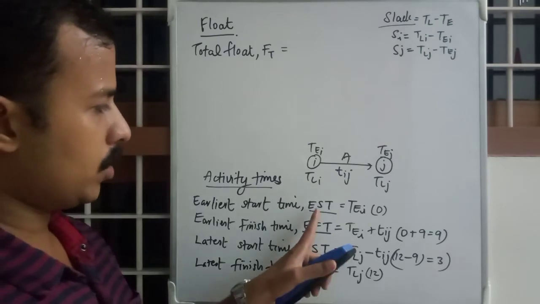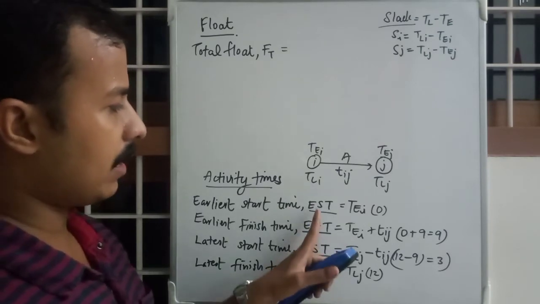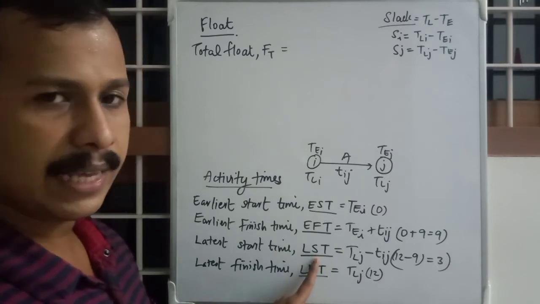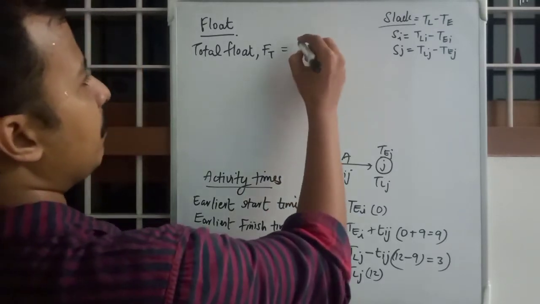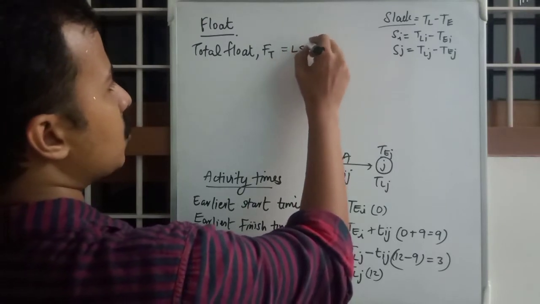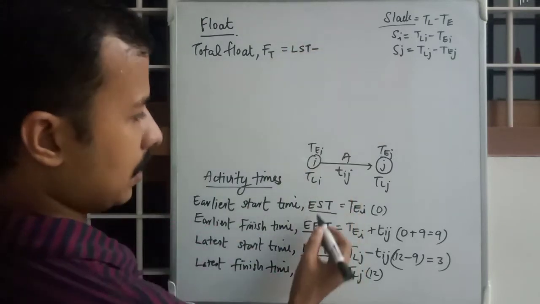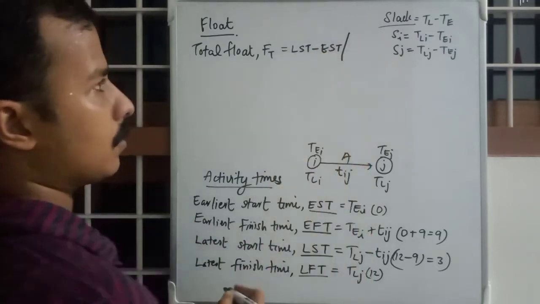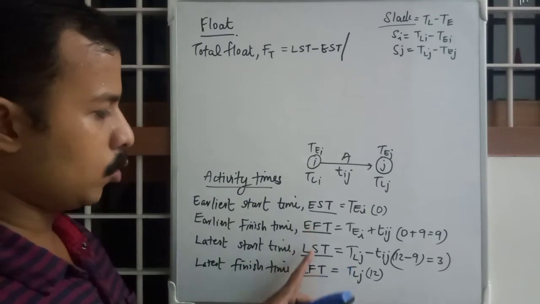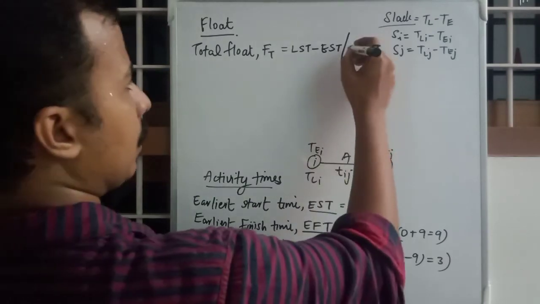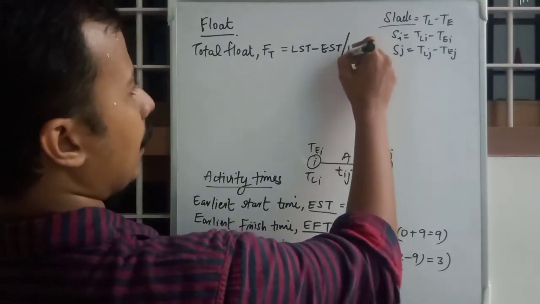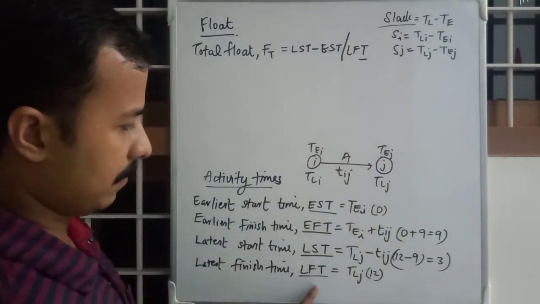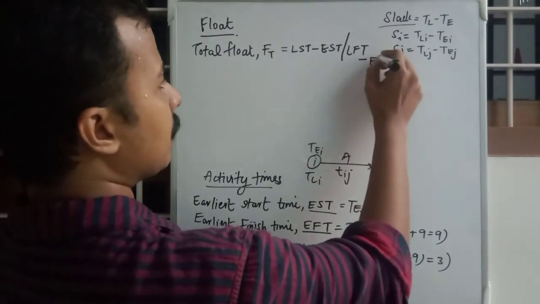So the two start times are LST and EST. Obviously the bigger one will be the latest. So FT can be calculated by LST minus EST, or the difference between two finish times, LFT minus EFT.